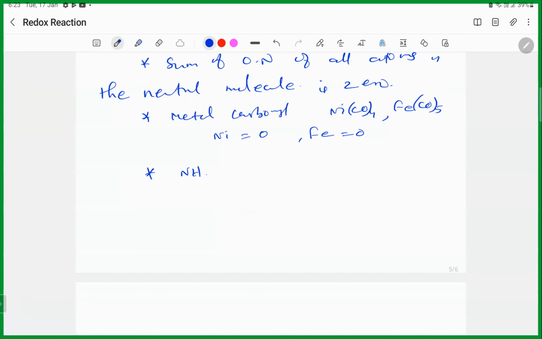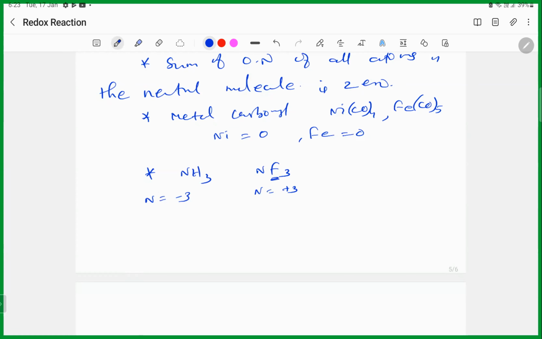If you take NH3 and NF3, in NH3 nitrogen has an oxidation state of -3. In NF3 nitrogen has +3, because fluorine is more electronegative than nitrogen, so nitrogen bears a positive charge. In NH3, nitrogen is more electronegative than hydrogen, so nitrogen bears a negative charge. Is it clear?